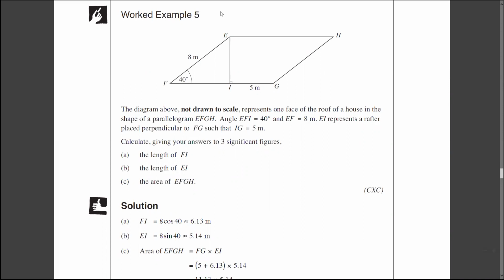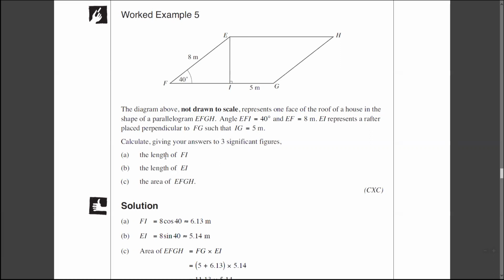So EFI, this angle, they say angle EFI. Usually F would be the point of the angle, so the middle letter. Sometimes they put a hat over the middle letter to make the point that that's where the angle is, or that this is an angle. And then you have 40 degrees, and EF, which is the length right here, the hypotenuse.